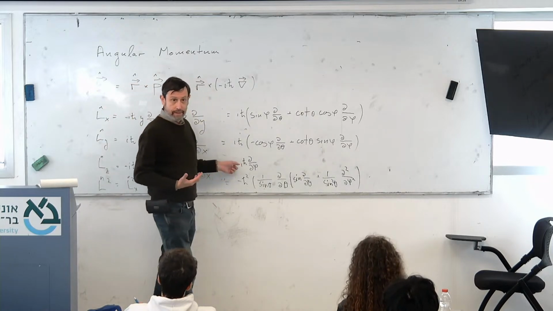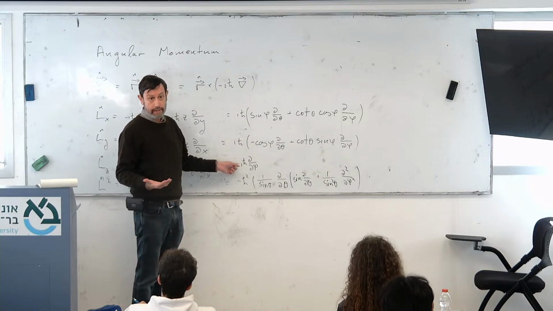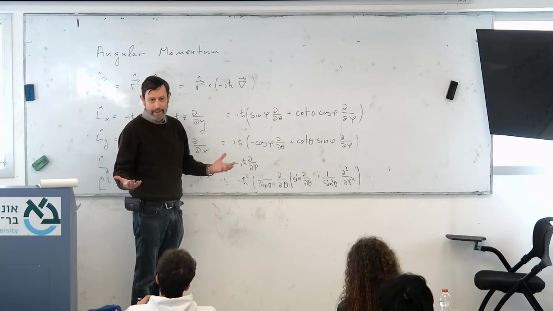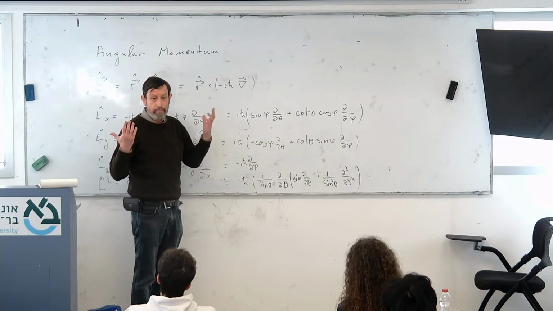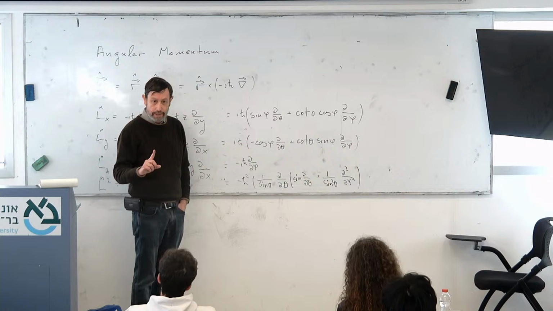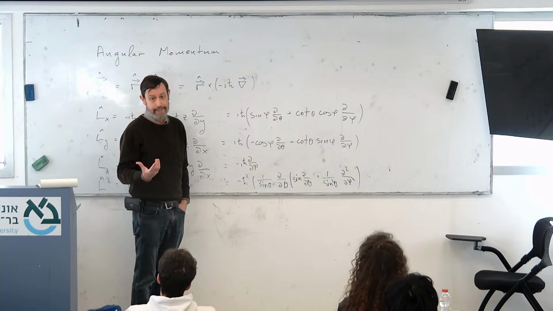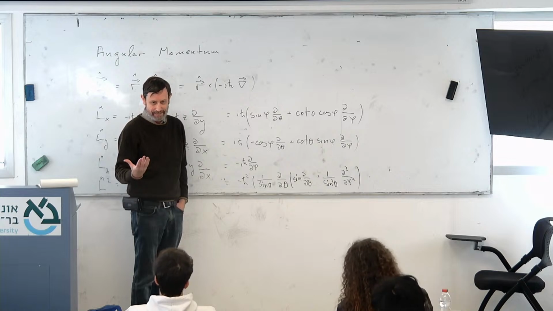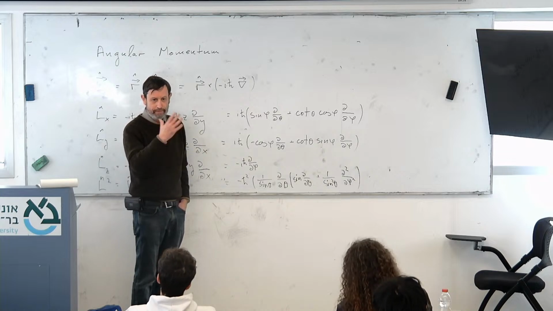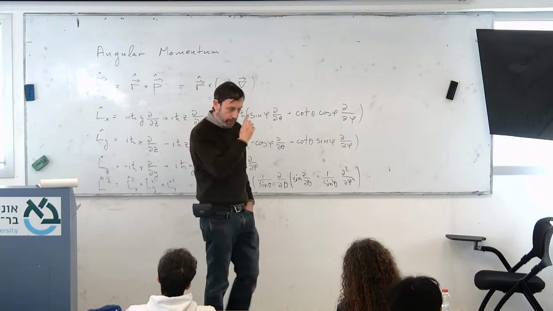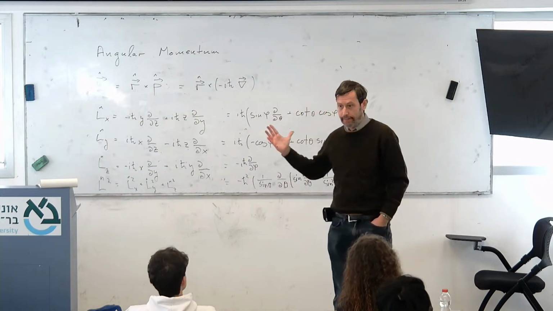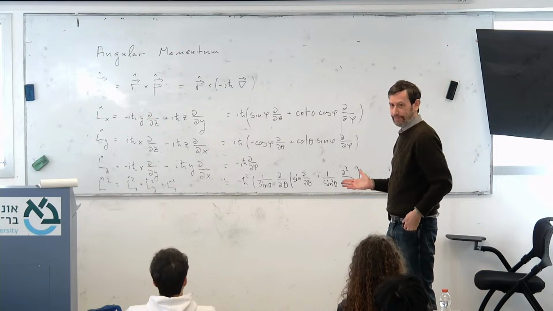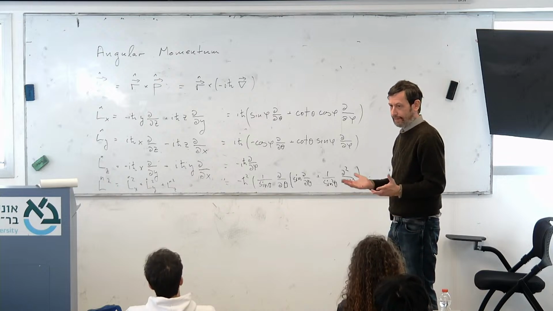So you need only Lz. There's no reason that you'll need the others, because all three components, I didn't say they're equal, but they're the same from the point of view of symmetry. So whatever direction I want to know, define it along the z direction. Okay.